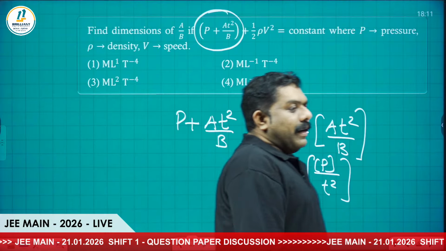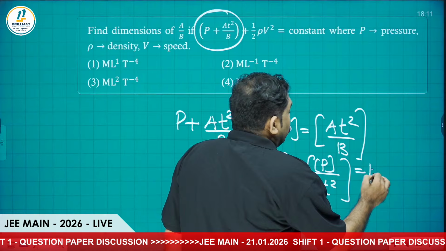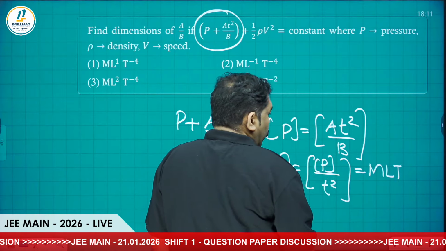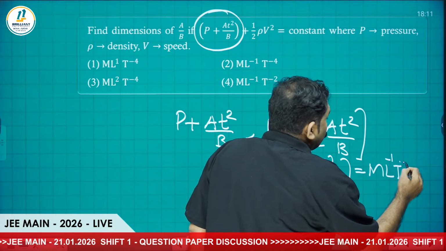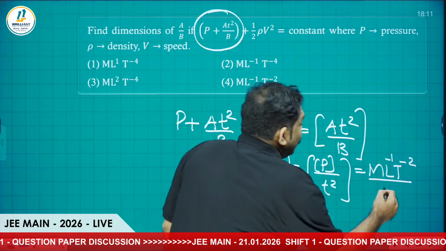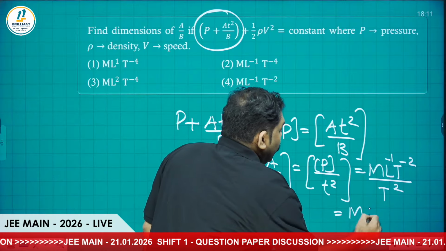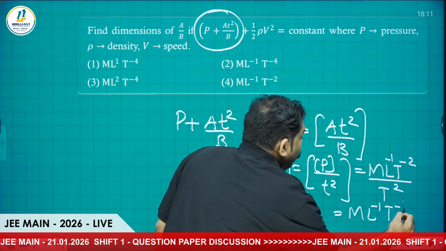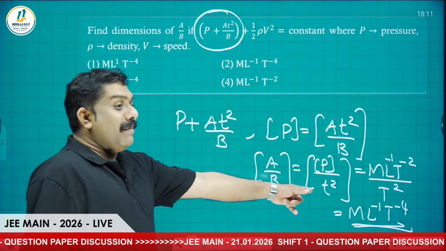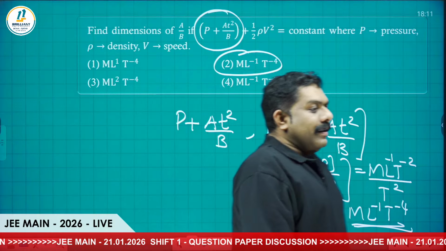Substituting, pressure is ML raised to minus 1 T raised to minus 2. Then time gives T square. So that is equal to ML raised to minus 1 T raised to minus 4. So the right option is ML raised to minus 1 T raised to minus 4. Option second is the right answer.